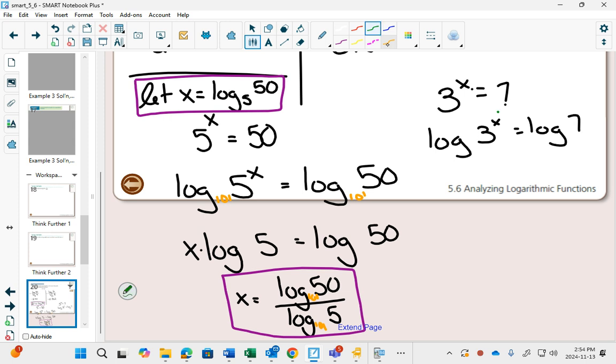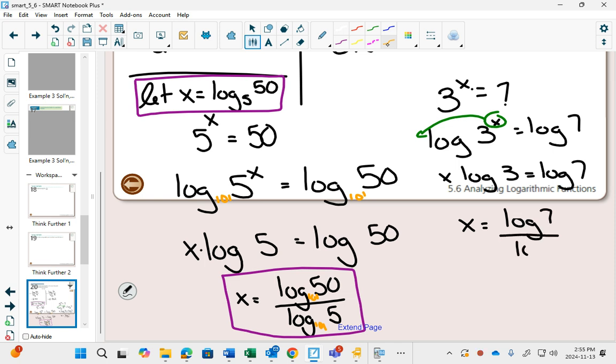Oh, I have a log law that says I can throw this out in front. Curious what x is? Well, you can get it by itself. It's just log of 7 divided by log of 3. And you've now taken the equation that's not on your powers chart and solved.